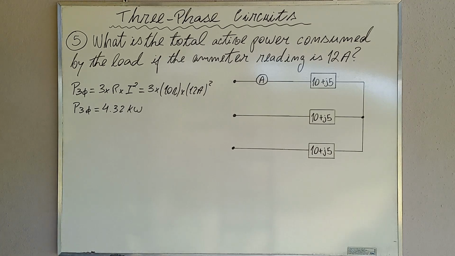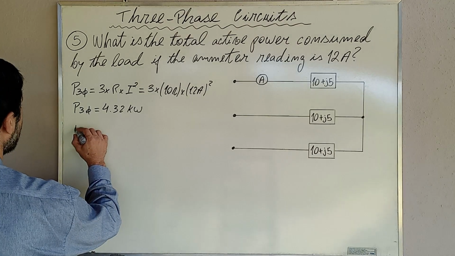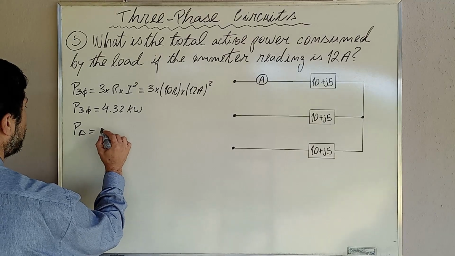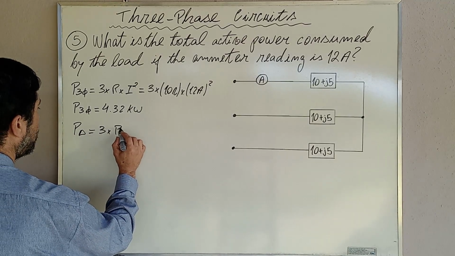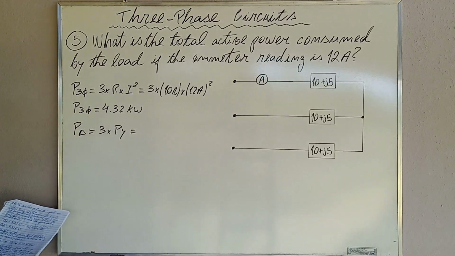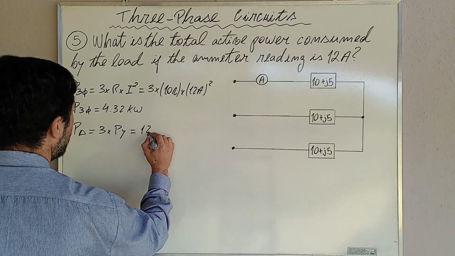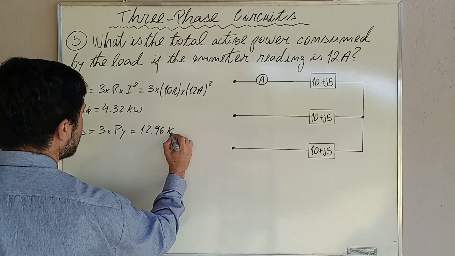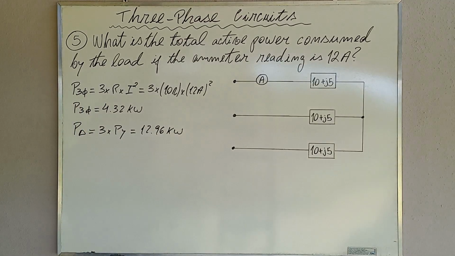Had the load been connected in delta, P delta is equal to 3 times P Y, which will be equal to 12.96 kilowatts. In the delta connection, each phase is subjected to the full line voltage rather than VL divided by the square root of 3 as in the Y connection.